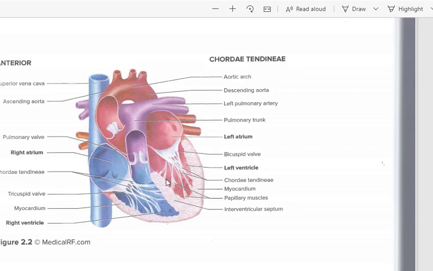And it is continuous, although you can't see it here, it goes up and also separates the left and right atrium. But if it is down here, we say it's the interventricular septum, and up here where it's separating the left and right side of the atria, it's called the interatrial septum. So it's still the same septum, but because it's upper and lower, they give it two different names.